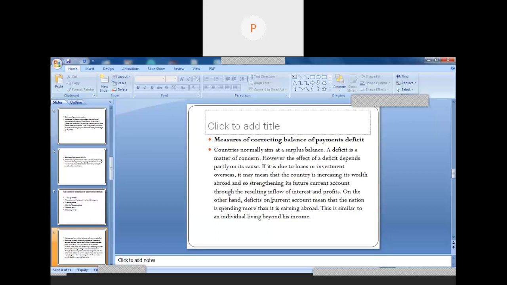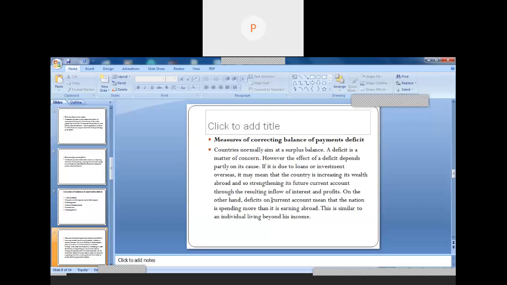It means that if your deficit is increasing because you are investing abroad, or because of a loan or any kind of investment abroad, that investment will obviously in the long run bring some wealth into your country, right? So ultimately it is going to strengthen the current account through the inflow of interest, or the inflow of profits.